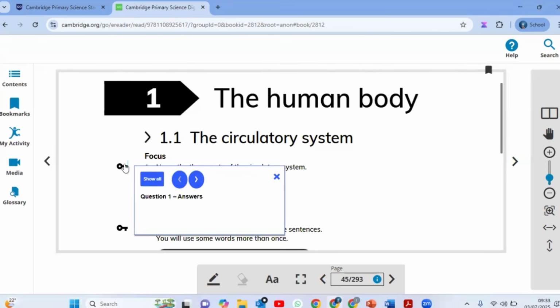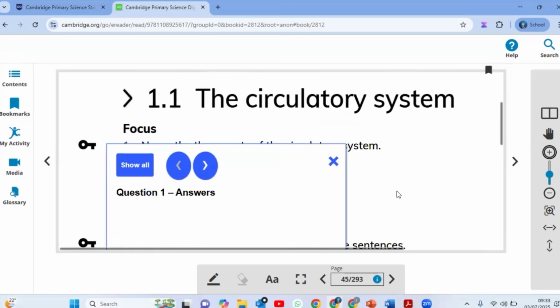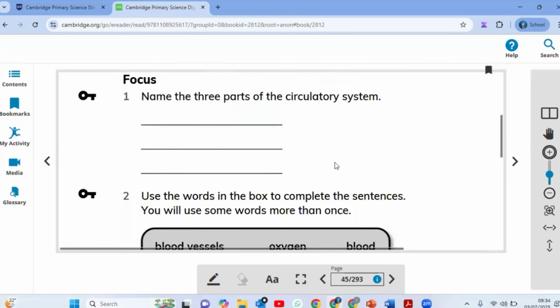Let's check our answer together. The 3 main parts of the circulatory system are, yes, you're right, heart, blood, and blood vessels.